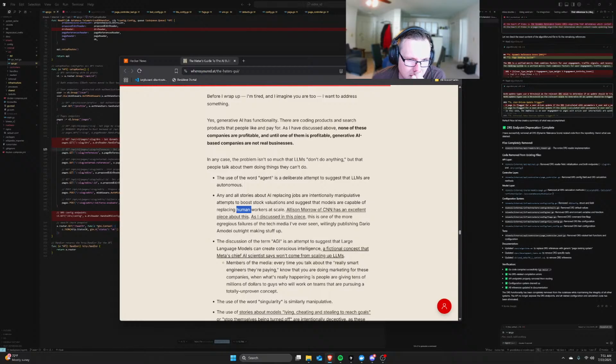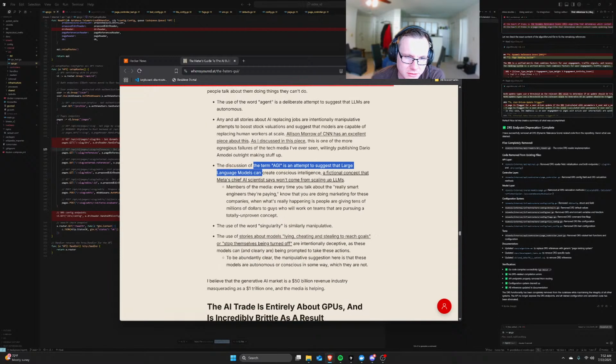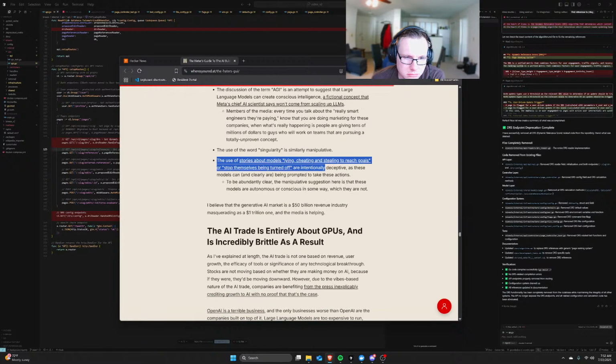I do think it'll happen, but I don't think there's a way we figure out how to make it happen yet in a way that's really profitable. AGI is a generic word. Singularity is a manipulative word. Yep, it's a hype word.